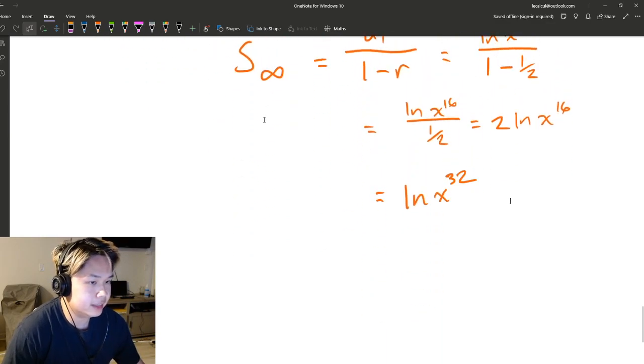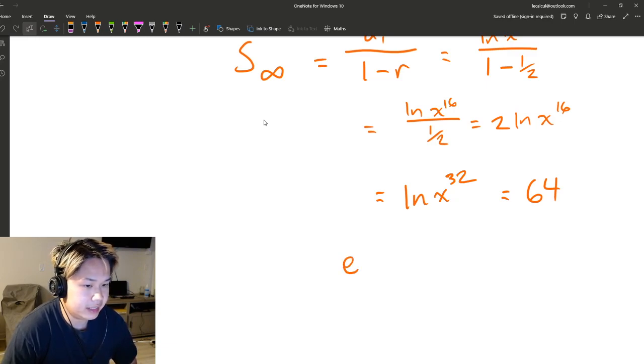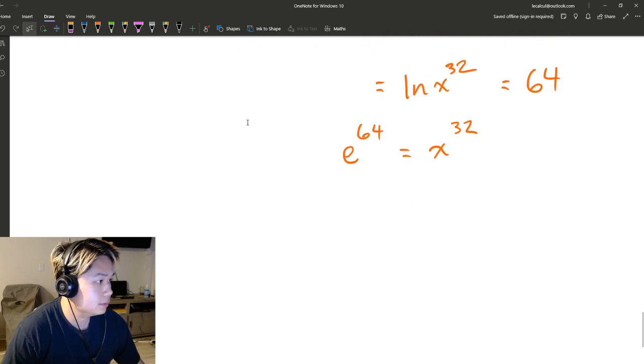So now that I know that this is equal to 64, then we can solve this equation. So this is saying that e to the power of 64 is equal to x to the power of 32. And then to solve for x, essentially x needs to be e to the power of 2.